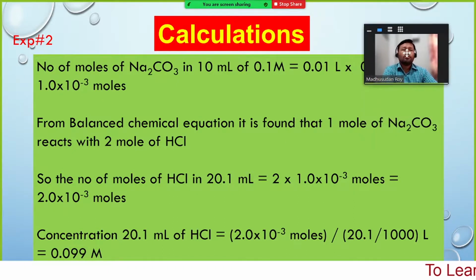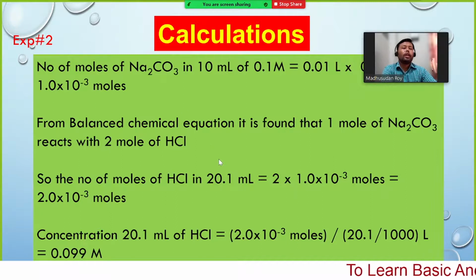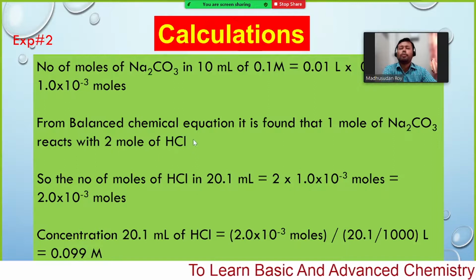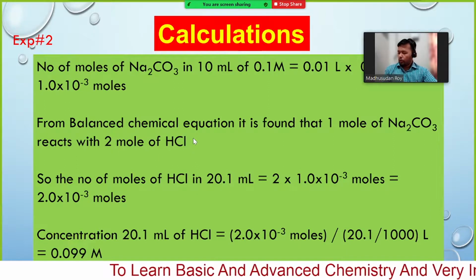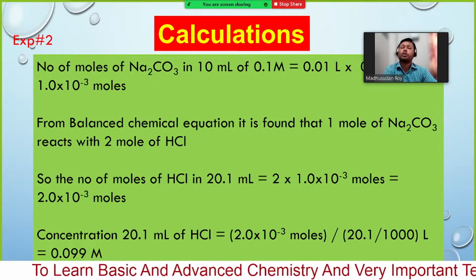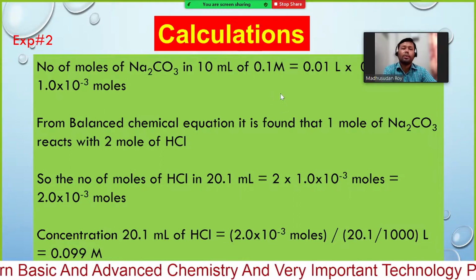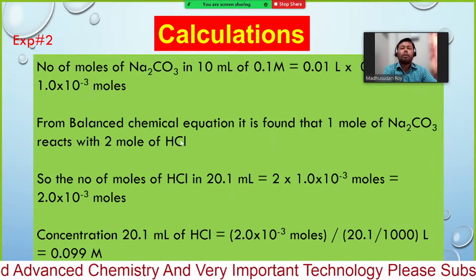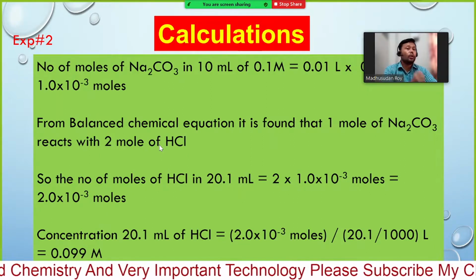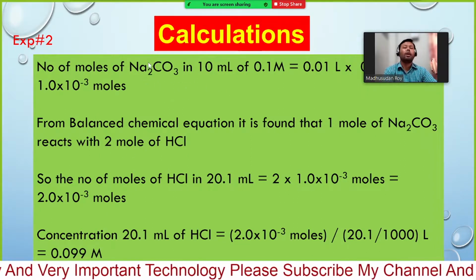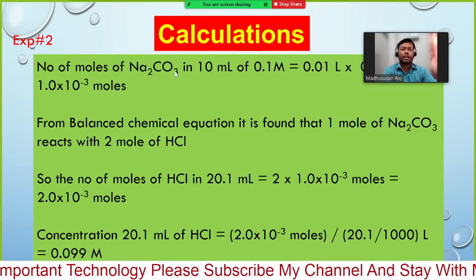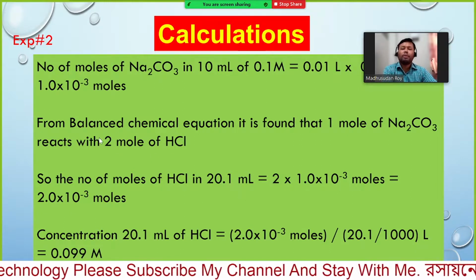From the balanced equation we have already mentioned that 1 mole of sodium carbonate reacts with 2 moles of hydrochloric acid. So what would be the number of moles of hydrochloric acid in the 20 ml reacting with 10 ml of sodium carbonate? Definitely the number of moles will be double.